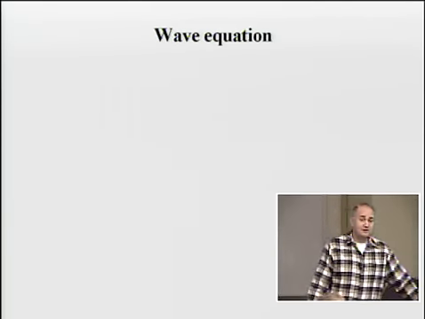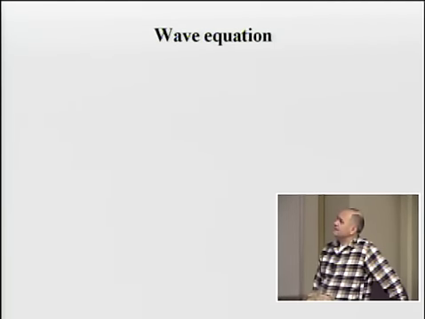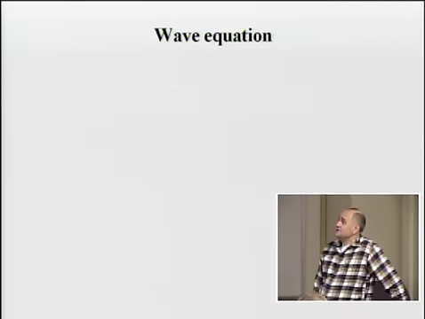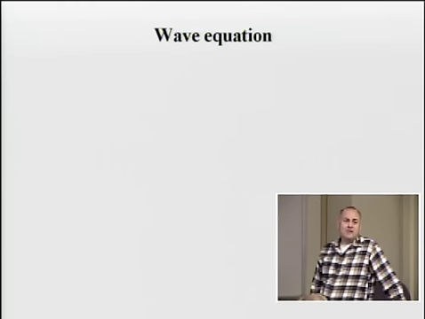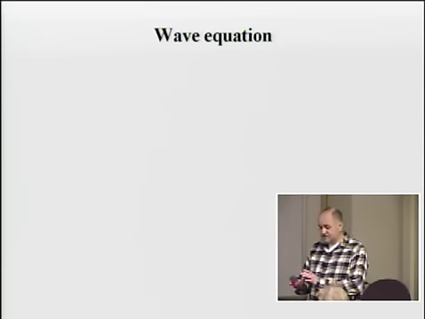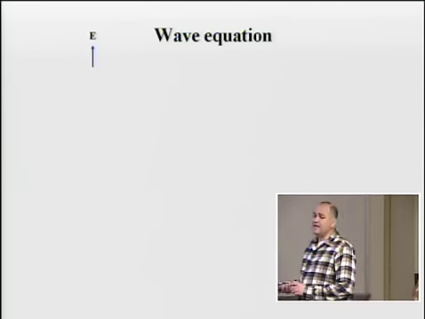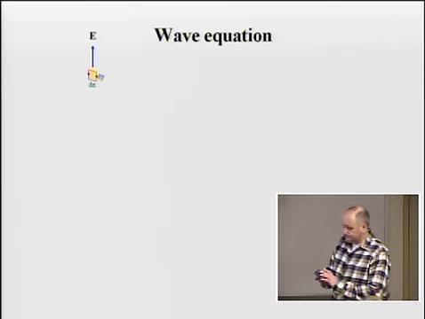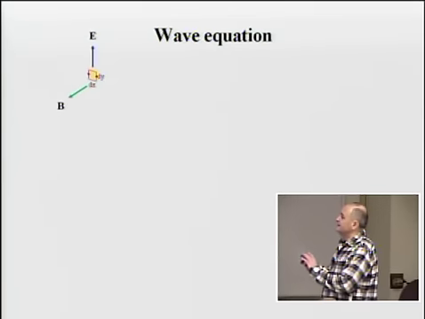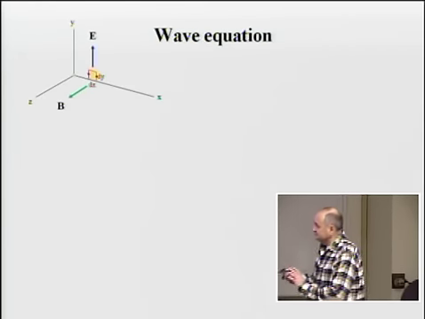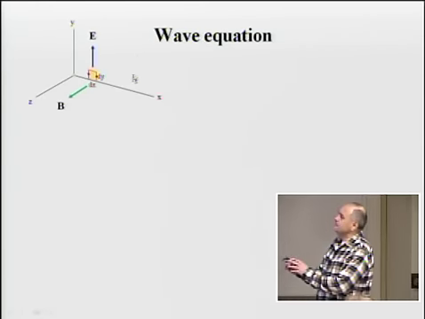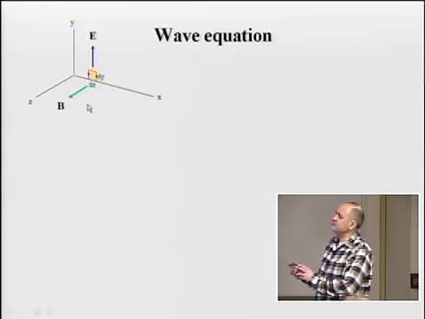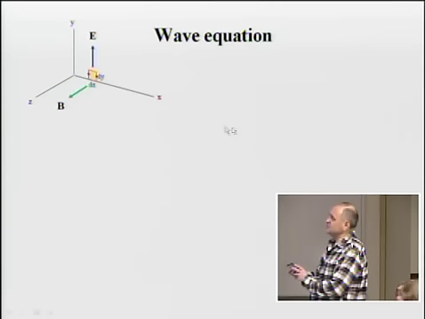Now I'll show you something that will really surprise you, because I said that we are beginning a new chapter, optics, but it is based on Maxwell's equations. All right, let's consider the relationship between electric and magnetic field based on Maxwell's equations.